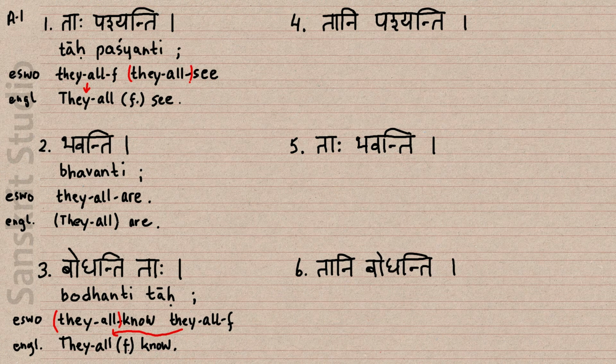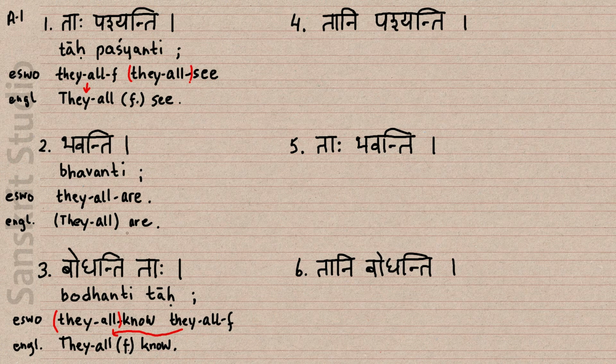We could perhaps say that, okay, they all are, since we don't have any specification of the gender, since it doesn't say they all are or they all are, etc. But that is peculiar for this situation, since it's genderized.